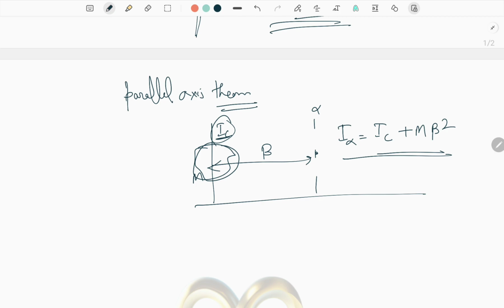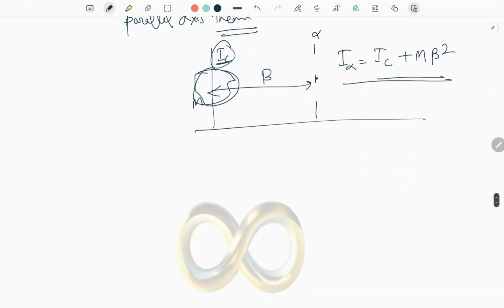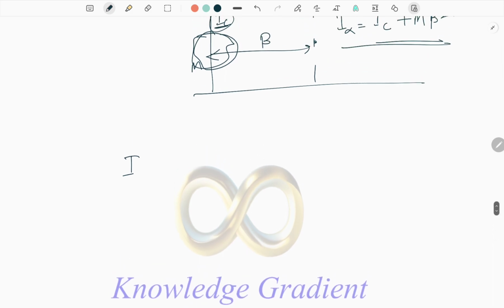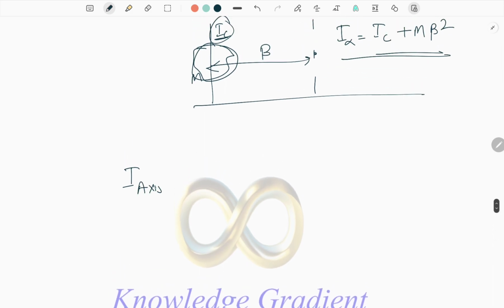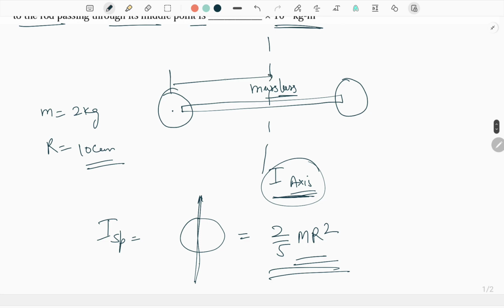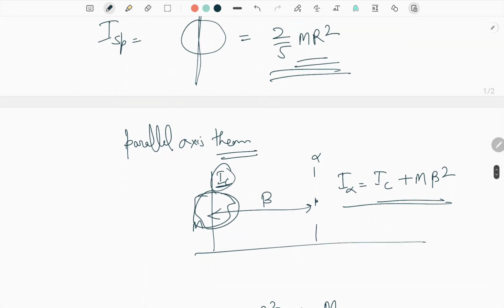If we apply the parallel axis theorem to our case, I about the axis is equal to 2 by 5 m r square plus m d square, if we assume this distance is d.